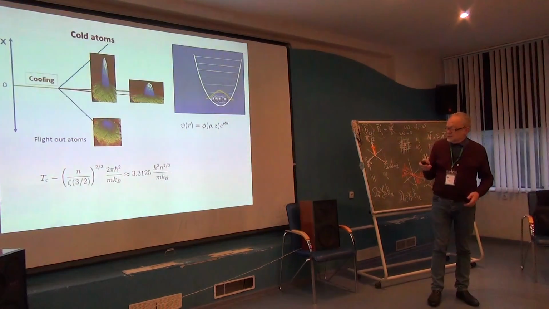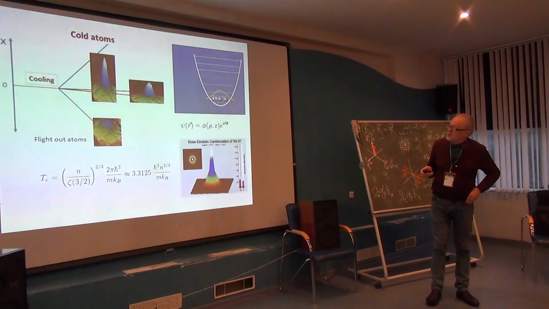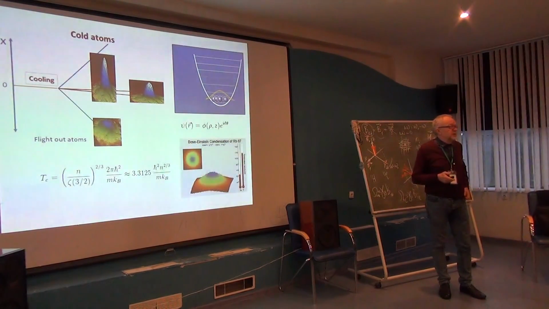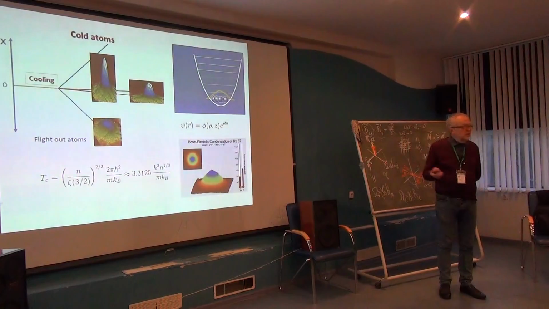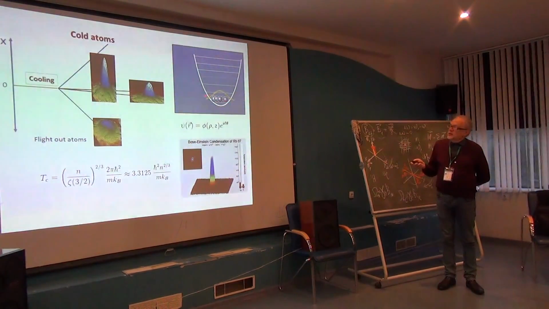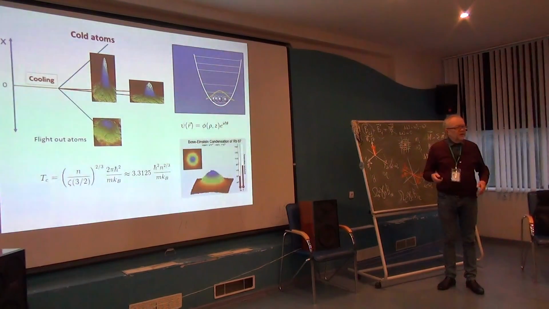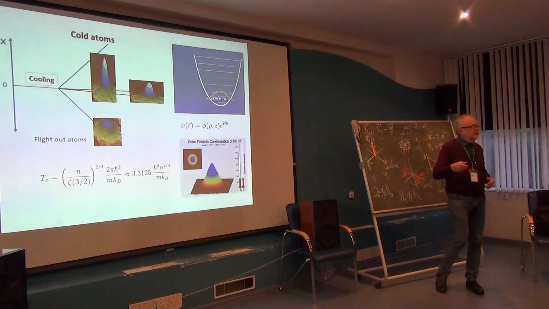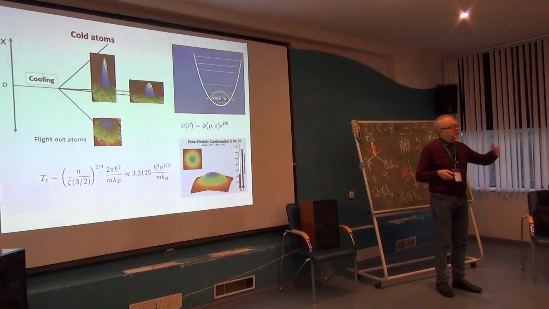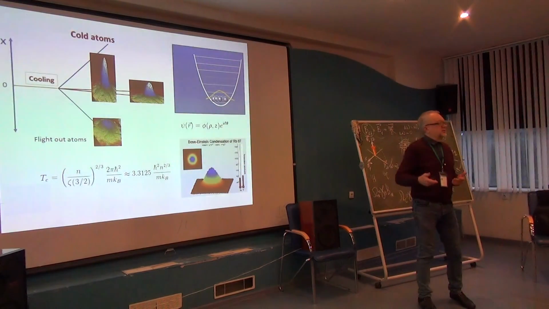Okay, so let's go quickly to explain the Bose condensation. The simplest and best way to explain it is with cold atoms. In cold atoms, we have a number of atoms in a magnetic trap, and the atoms are cooled down by light, which removes from this ensemble the atoms with high velocity.